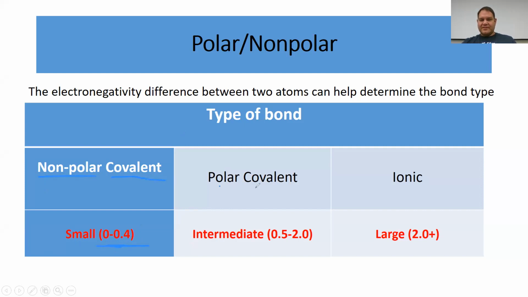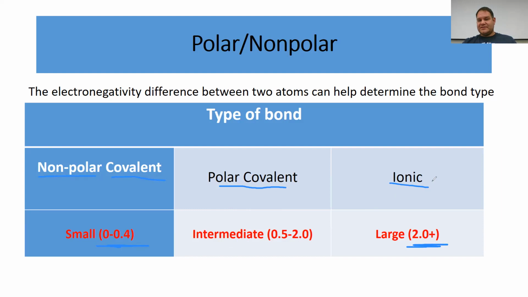For a polar covalent bond, we want kind of an intermediate difference, and that is between 0.5 and 2.0. So if you have a bond and the electronegativity difference is in this range, then we're going to call it an intermediate range, and therefore it results in a polar covalent bond. But if we have an electronegativity difference greater than 2.0, or 2.0 and greater really, we're going to have an ionic bond.